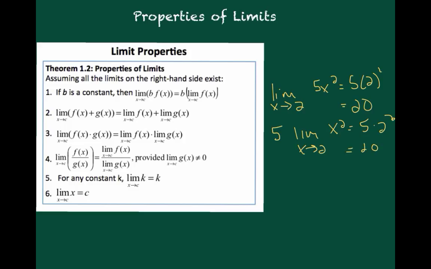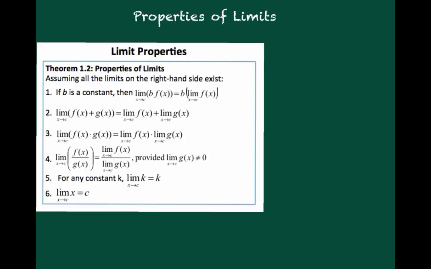Let's take a look at the second one, which may be a little easier to understand, so we may not need to see an example, but it means that if we take a limit of 2 functions added together, then we can break up into 2 individual limits, and that works over addition or subtraction. With number 3, it's the same thing.